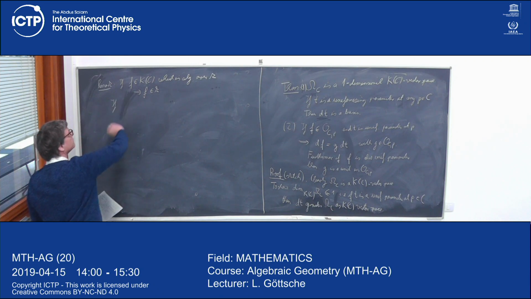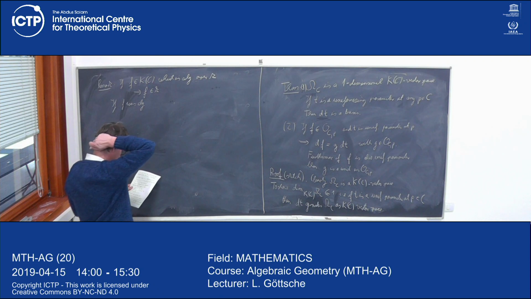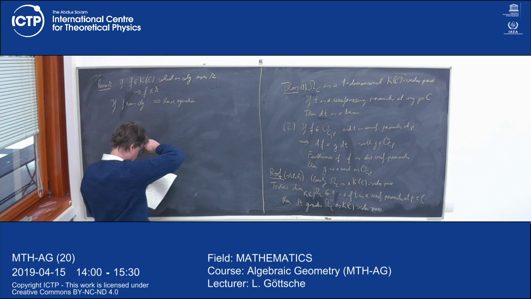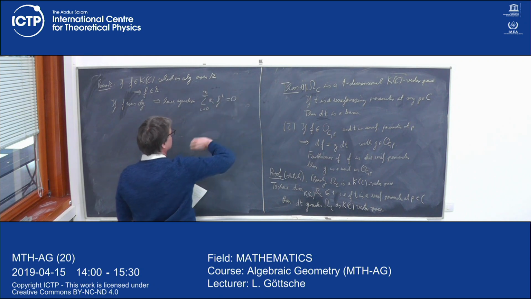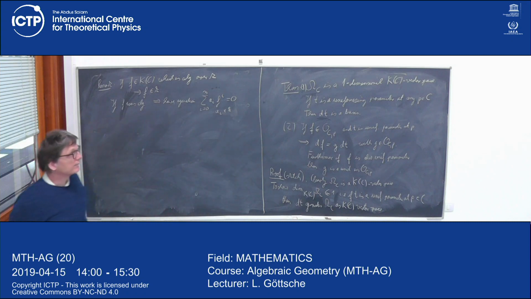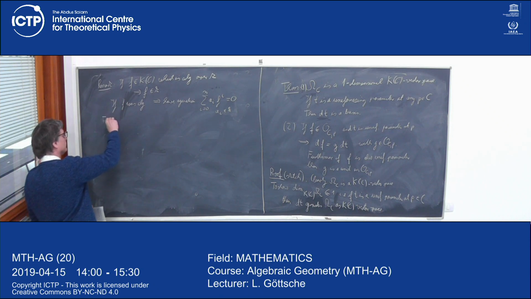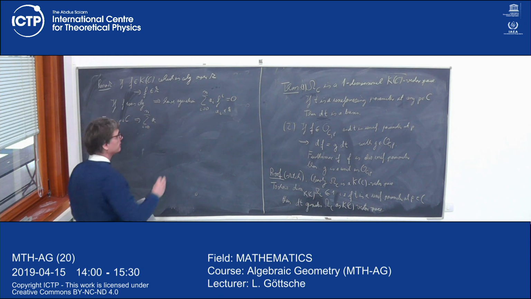So if F was algebraic, then we have an equation sum i equals 0 to n, a_i f to the i is equal to 0, where the a_i are not all 0, and a_i are some elements in K. We can evaluate this at any point in C. This gives that sum i equals 0 to n of a_i, which is always the same a_i, times f of p to the i is equal to 0.